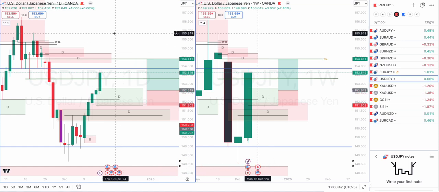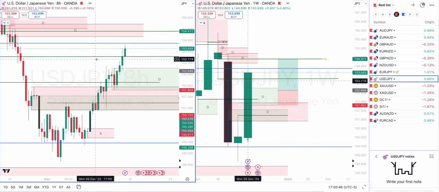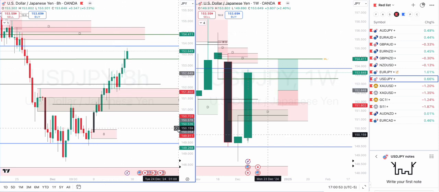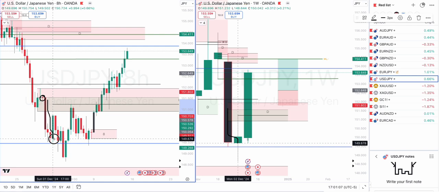The second thing I wanted to share was why this supply, which I saw later, was something I initially thought I shouldn't focus on. But when it looked so beautiful on daily, I was like, okay. Whenever you have such small candles, look at this, extremely small, and you get such a reaction, that means price moved really fast.